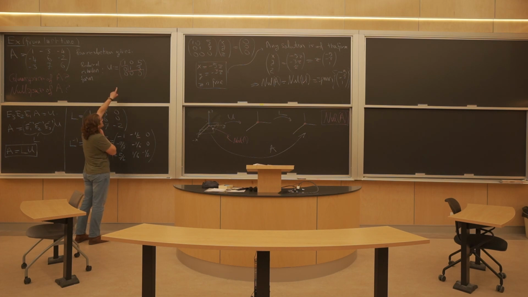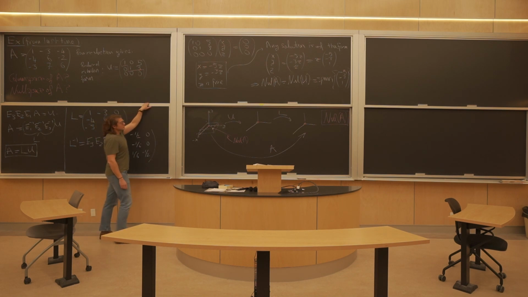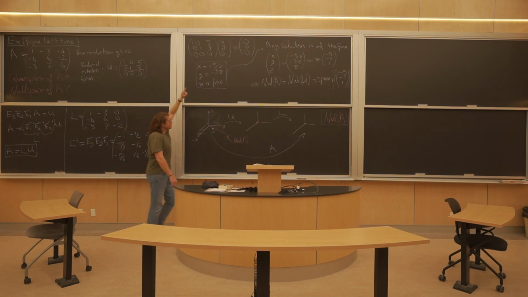The first column is a pivot column. The second column is a pivot column. Pivot columns are where you have a step in your staircase. The third one isn't. The fact that you have one non-pivot column corresponds to the fact that you have a one-dimensional null space of A.